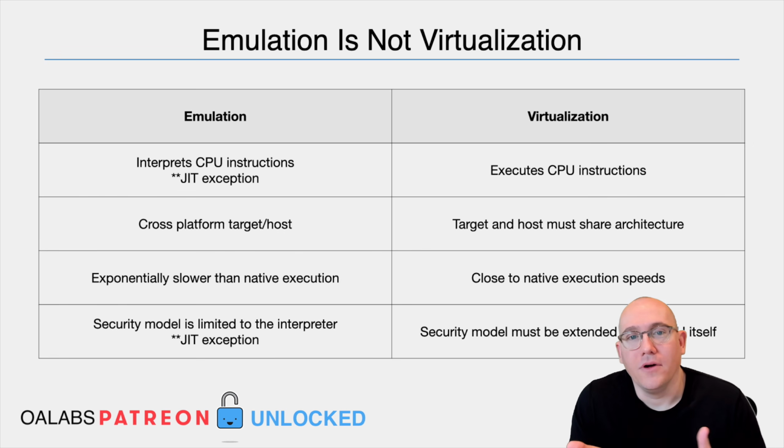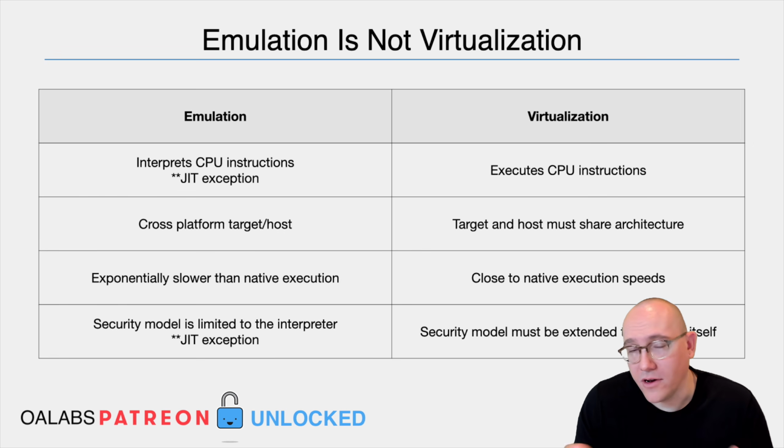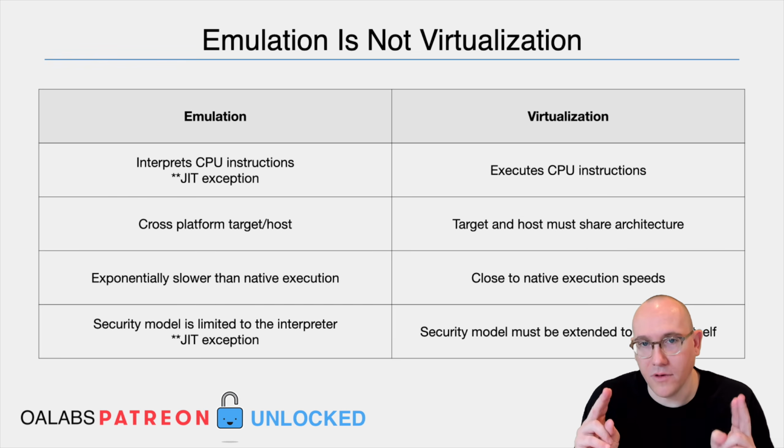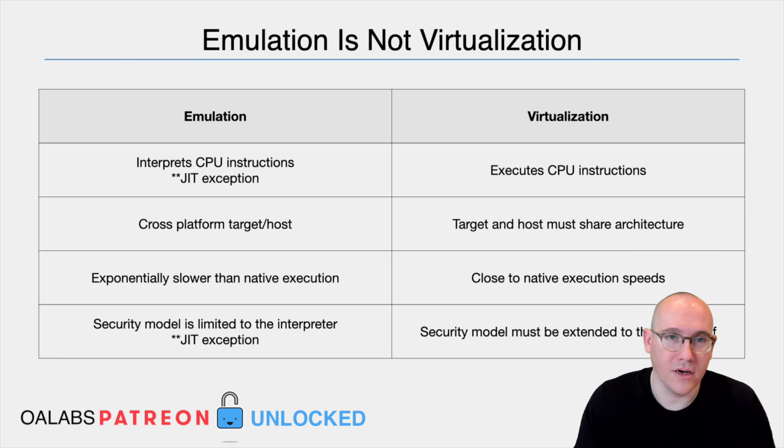All right, so the final main difference here is that the security model is very different between virtualization and emulation. For an emulator, your security model is limited to the interpreter. So if you want to break out of the emulator, you need to find a bug in the actual interpreter, the parser of the code. There's no danger of the target executing on your host because it's not actually executing.